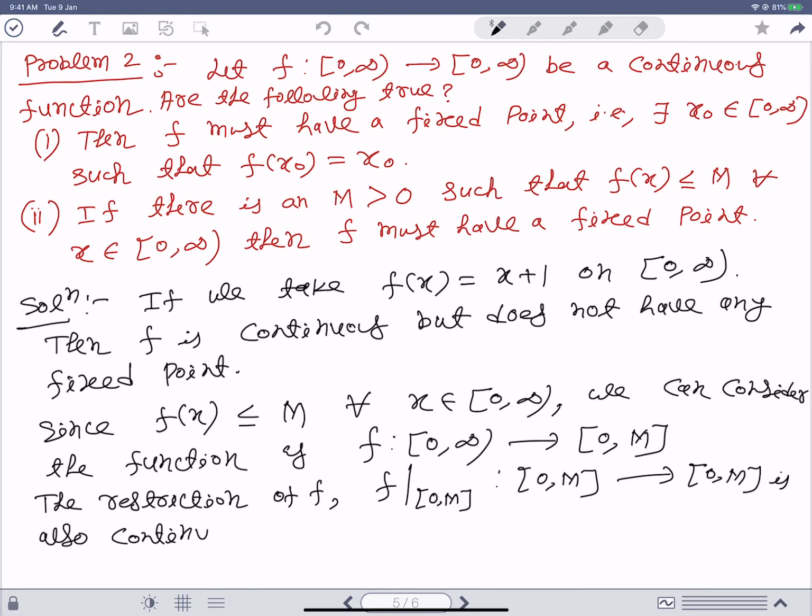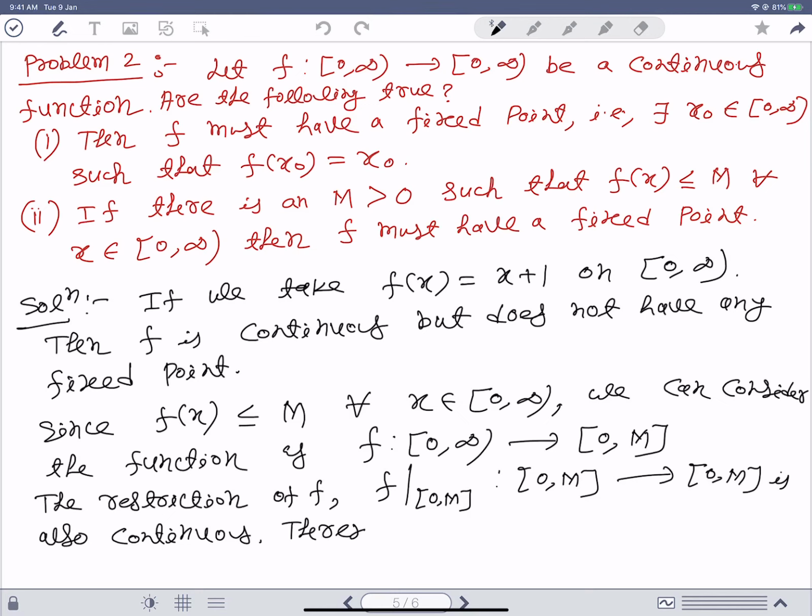Right? Now we know that if we have a continuous function from a closed interval [a,b] to the same closed interval [a,b], it must have a fixed point, and that theorem is called the fixed point theorem, right?